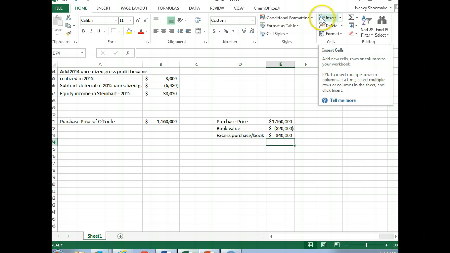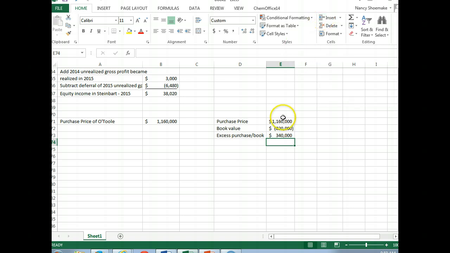Now this $340,000 is a copyright with a 10-year remaining life, which basically is $34,000 a year. So that's why we needed that information to get us there.